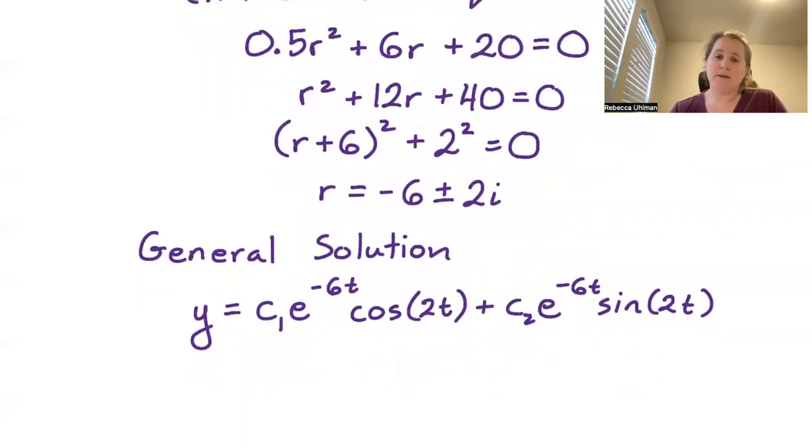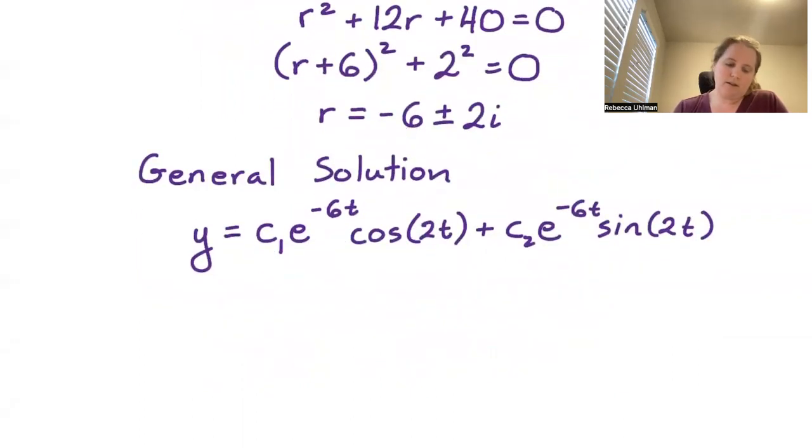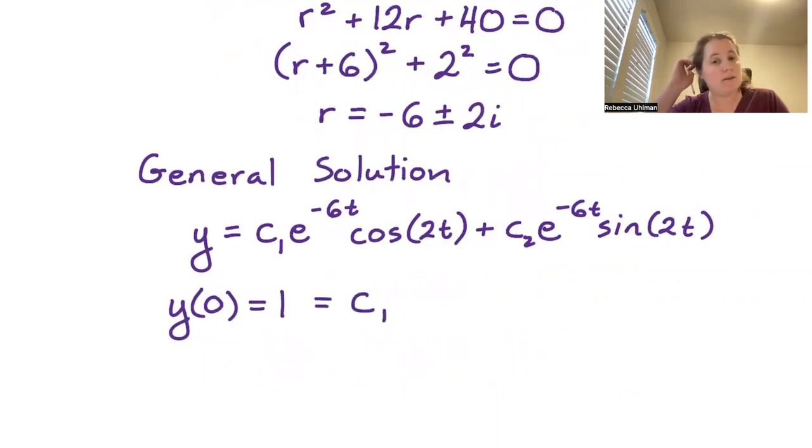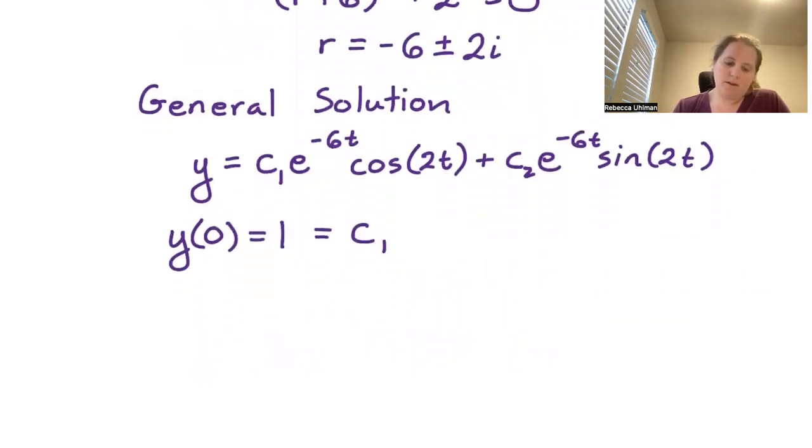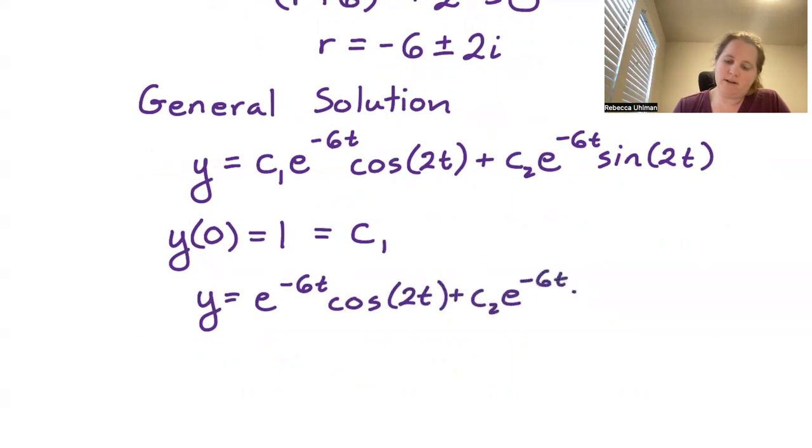Solving for our initial conditions, y of 0 equaling 1, this would be just C1 is equal to 1. And then, so we have y is equal to e to the -6t cosine of 2t plus C2 e to the -6t sine of 2t.